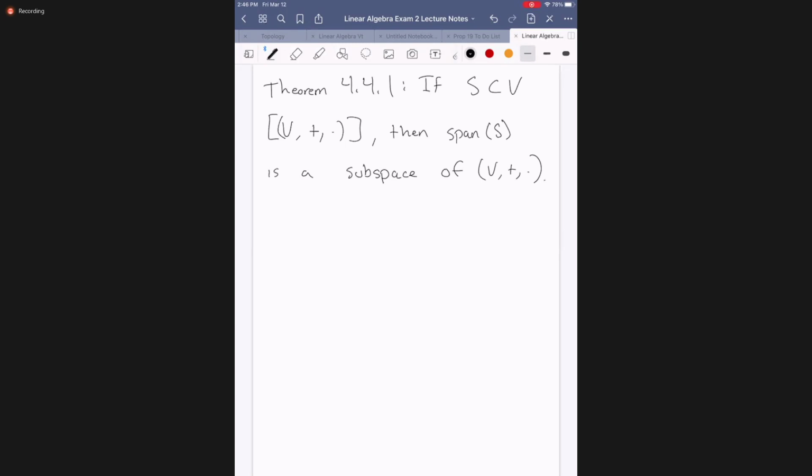Remember, what does it mean to be a subspace? There's a theorem that says we check three things. Does it have a zero? Is it closed under addition? And is it closed under scalar multiplication? So you would have to check these three things to prove that span S is a subspace of the vector space V.